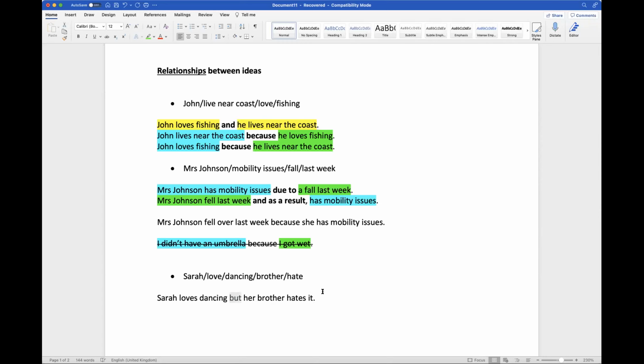Okay, so but goes here. Now these are a contrast. So let's do yellow and we'll do red as our contrast clause. So we've introduced here addition, we've introduced causes, we've introduced results, and we've introduced contrast.